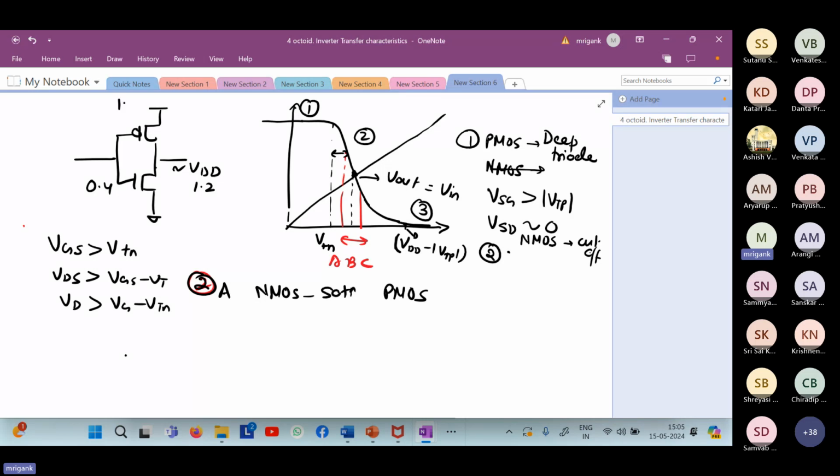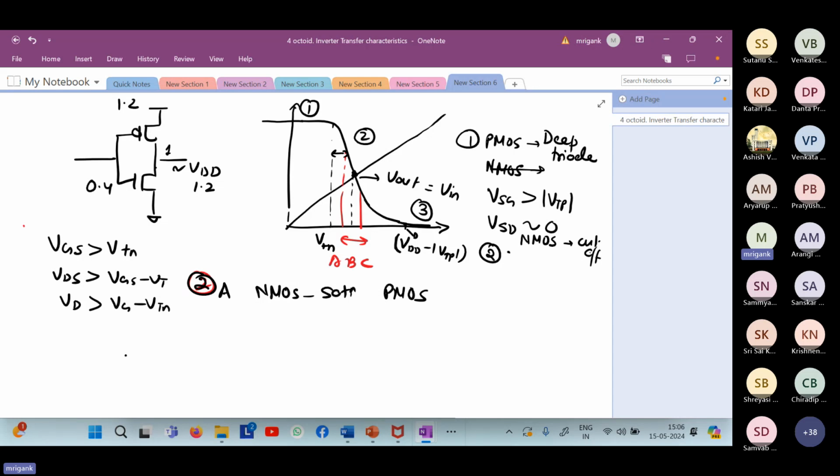This is 1.2, VSG is large, and VSD is still small, say 1 volt. So for the PMOS, what is the condition? Same thing, only VDS becomes VSD, and VGS becomes VSG.